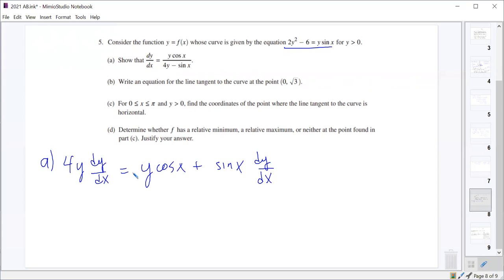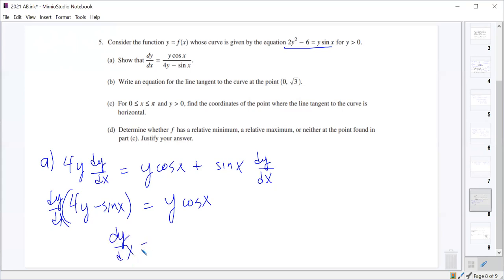And then you just solve for dy dx. So 4y minus sine x on this side are both being multiplied by dy dx equals y cosine x. And then divide. dy dx equals y cosine x over 4y minus sine x, which is exactly what they said it should be. That should have been pretty easy, I think.